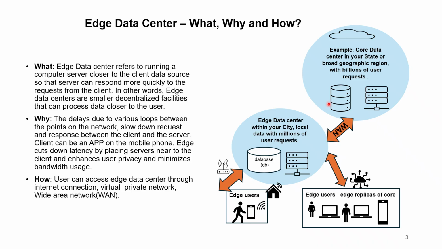If there are complex tasks like running a large language model which needs powerful computational resources, then the edge data center offloads the intensive processing from the edge and executes this intensive processing on the core data center.